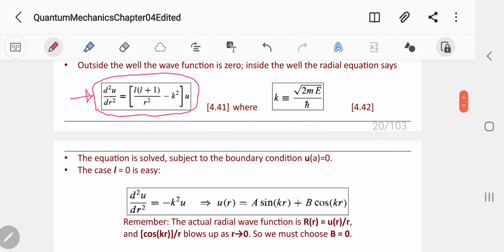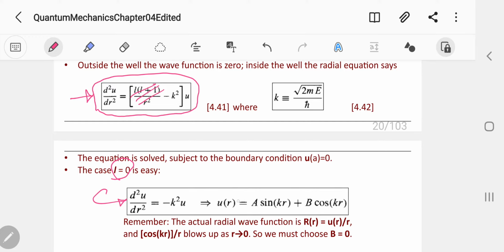So if you have L equal to 0, then this term would also be equal to 0, and so your differential equation will look like this. And this is just the infinite square well that we solved in the previous lectures.